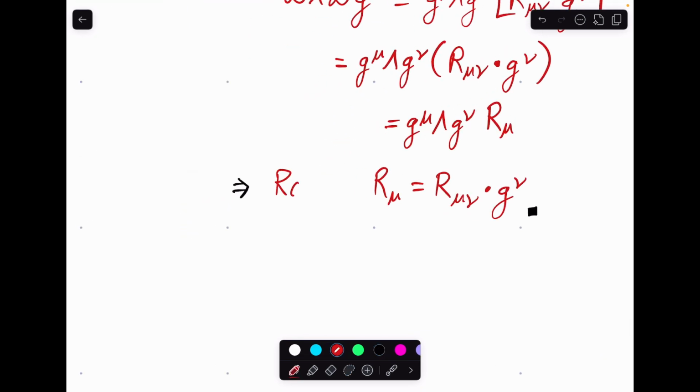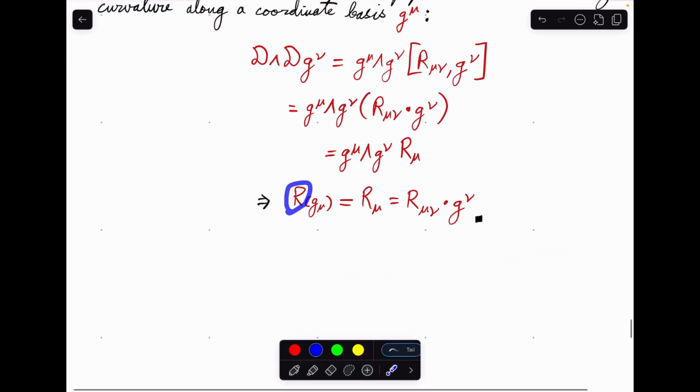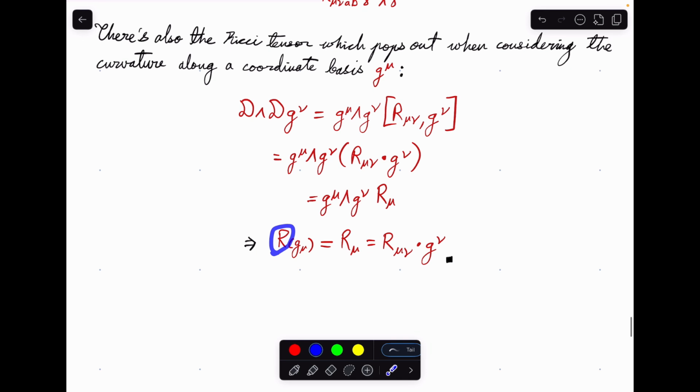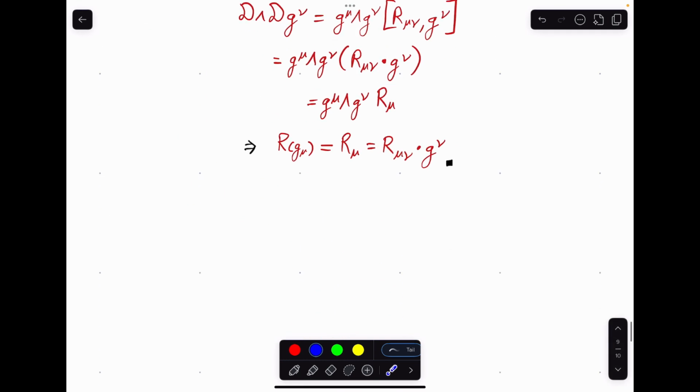It's R defined as G with a single argument, or with a vector argument, not a bivector argument. So even though it looks like it might be the same thing as the Riemann tensor, notice that the Riemann tensor has a bivector argument, so this is a bivector, whereas this has a vector argument, so this is a vector.